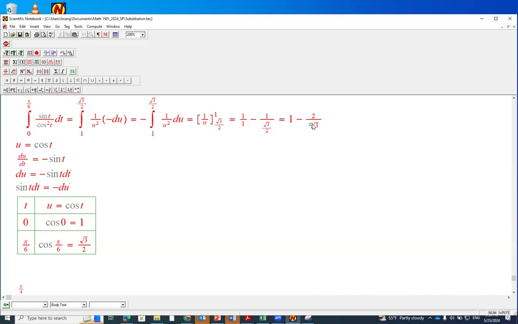Wait, did I make a mistake somehow? Cosine pi over 6 is root 3 over 2. Yes, I'm right. Okay, sine pi over 6 is half. Cosine pi over 6 is root 3 over 2.